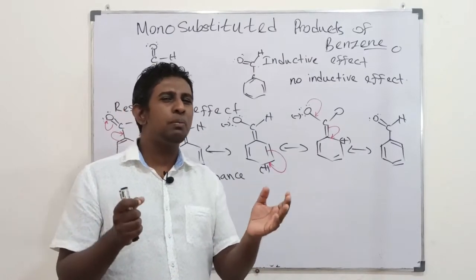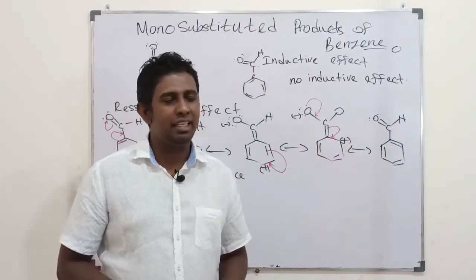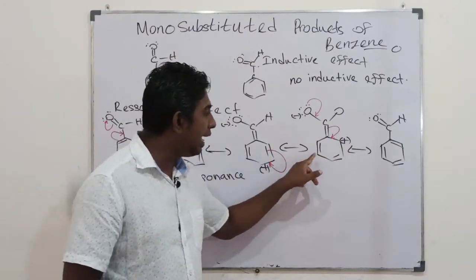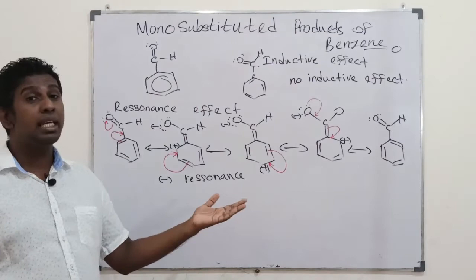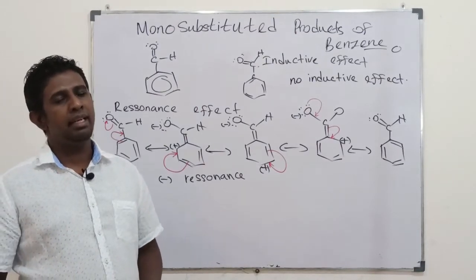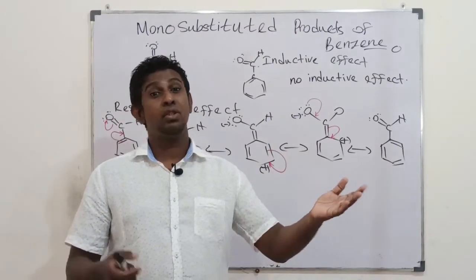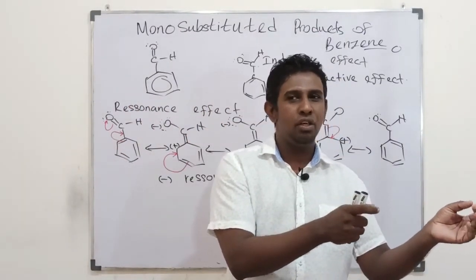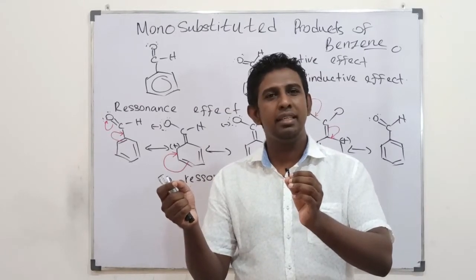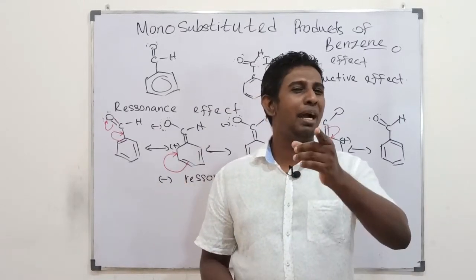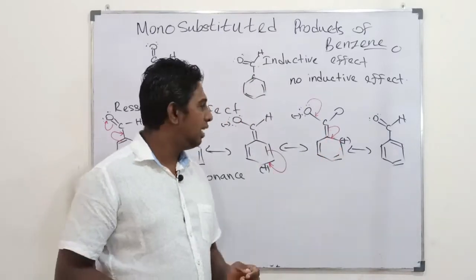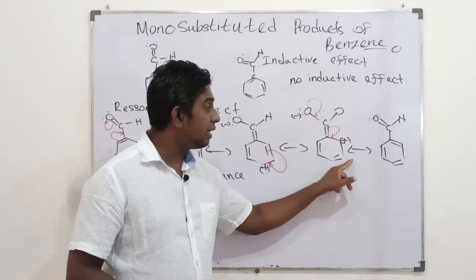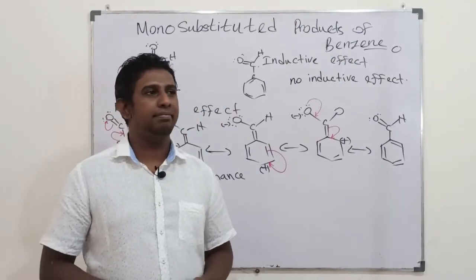Compared to those positions with positive charges, you see no charge here at the meta position. In any resonance structure, there is no charge you could find there. Rather than positive, no charge is better. Compared to positive sites, no-charge sites are highly electron dense areas. Therefore, the coming electrophile would select these no-charge meta sites.